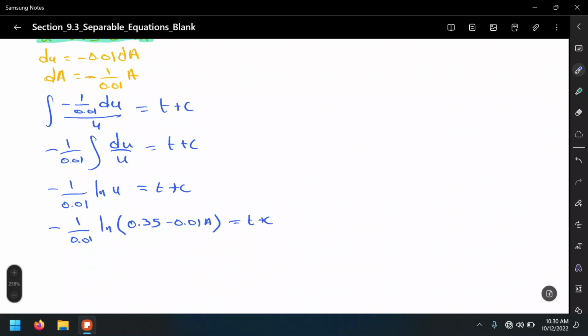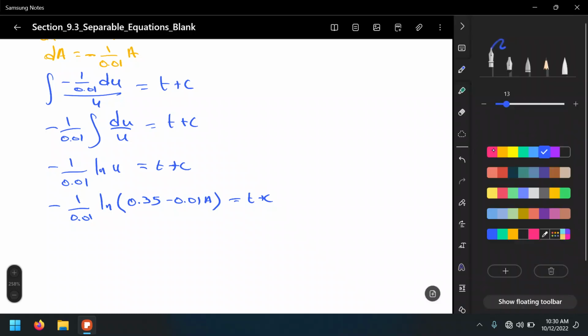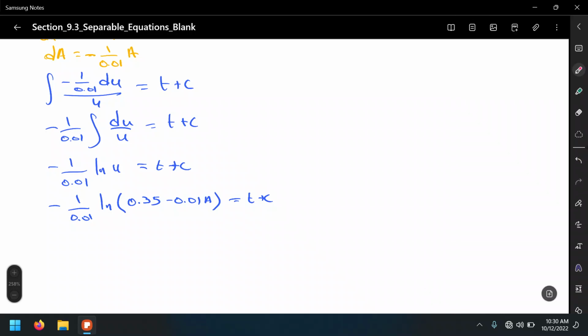So we're almost done getting the function. Let's keep solving for A. Let's multiply both sides by negative 0.01.